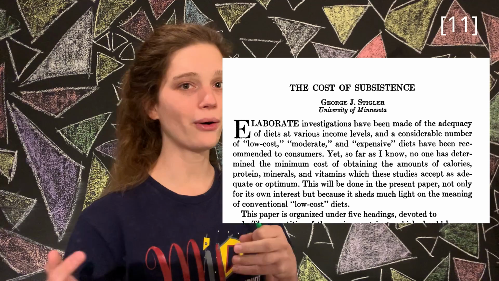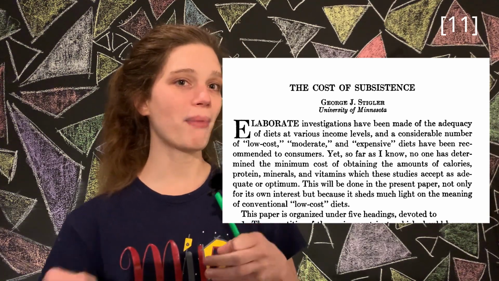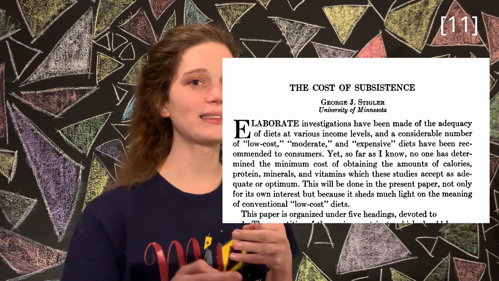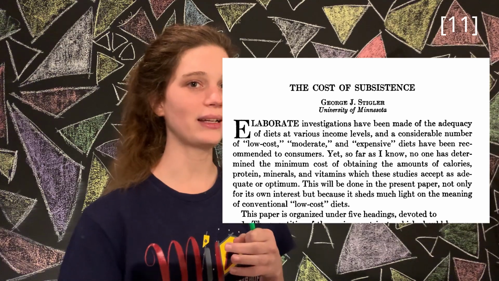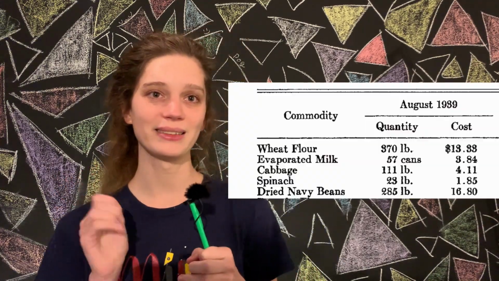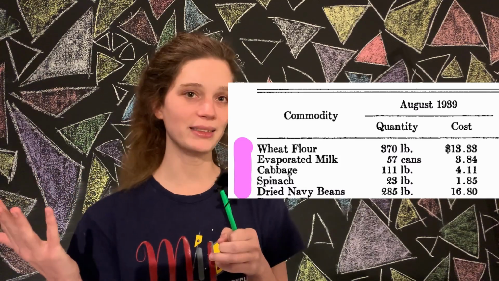And so he successfully computes a minimum cost basket of foods satisfying all 9 nutrient needs for the year 1939. His diet consists of only 5 ingredients: flour, milk powder, cabbage, spinach, and navy beans.